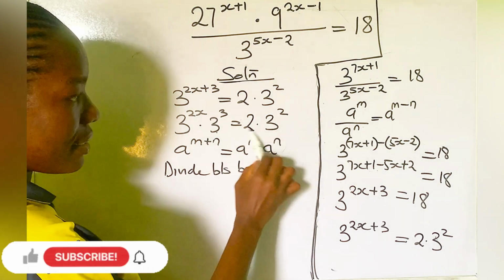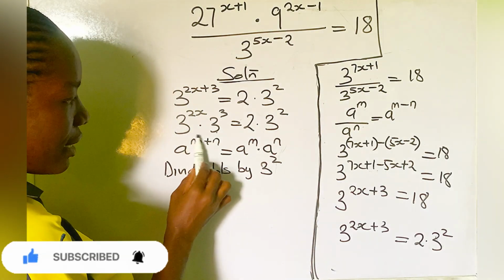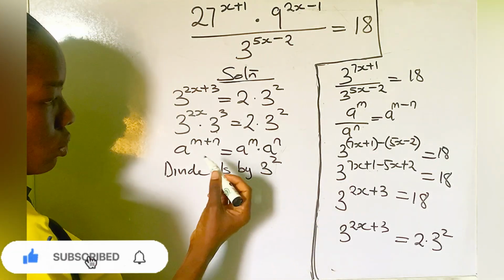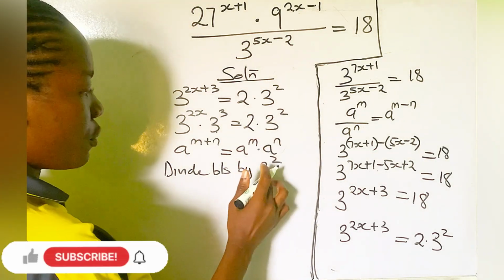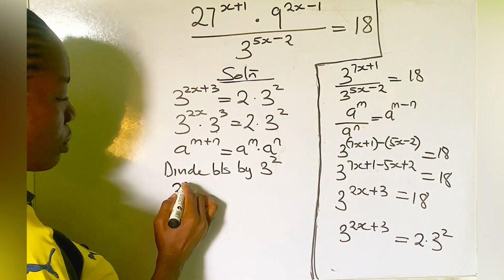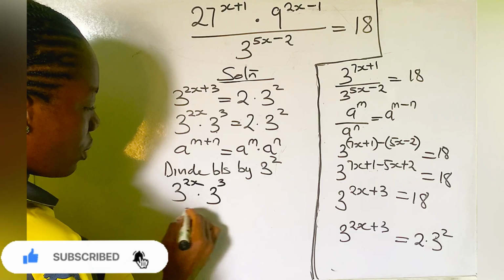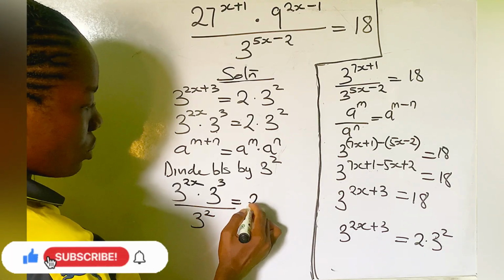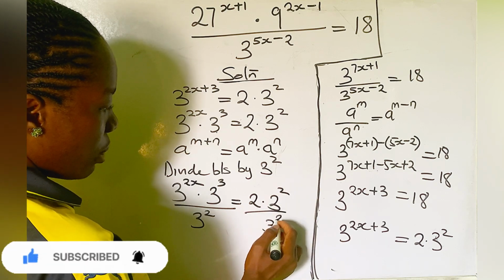The entirety of here is 18, which you have here already. So you can't divide here by 27 and divide here by 27. No. Instead, we're going to divide both sides by 3 raised to the power of 2. So we now have 3 to the power of 2x multiplied by 3 raised to the power of 3 all over 3 raised to the power of 2 is equal to 2 multiplied by 3 raised to the power of 2 over 3 raised to the power of 2.